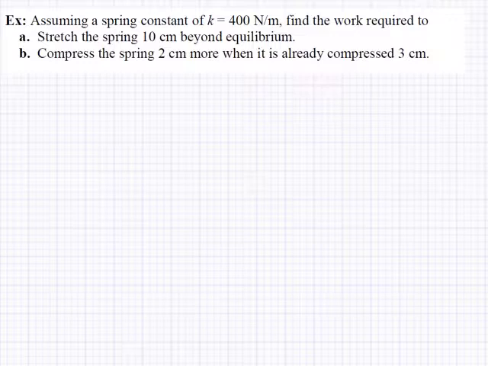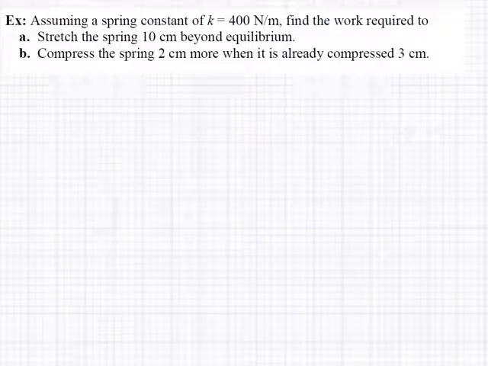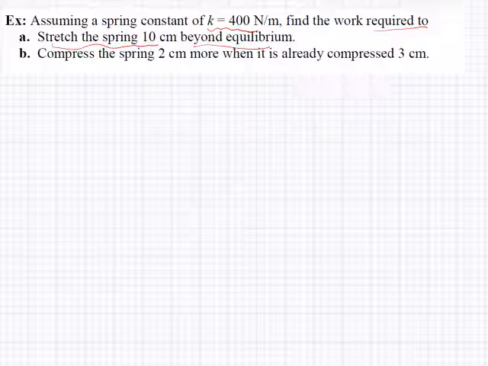Now here's a very basic example of a Hooke's law work problem. So assuming we have a spring constant, so sometimes you'll calculate this, but let's just say we have our spring constant given to us as 400 Newtons per meter. Okay, find the work required to first stretch the spring 10 centimeters beyond equilibrium. Now, we have a couple of things here. We're stretching the spring, so it's directional, right?